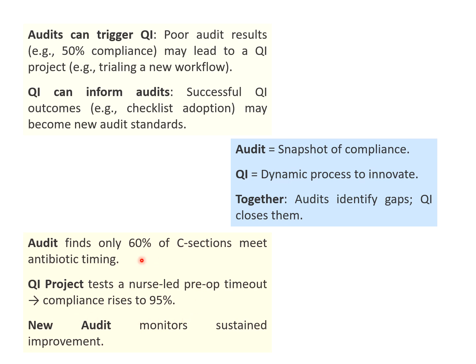So in QI, you are testing an intervention, while in audit, you are assessing a problem, checking whether the standards are being met or not. And here you are actually improving the standard by using this intervention. A new audit can then be conducted to monitor sustained improvement.